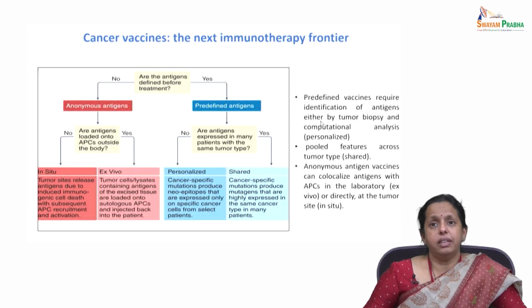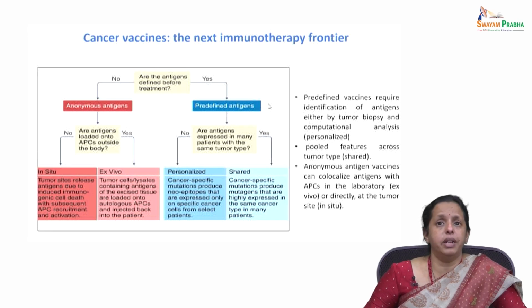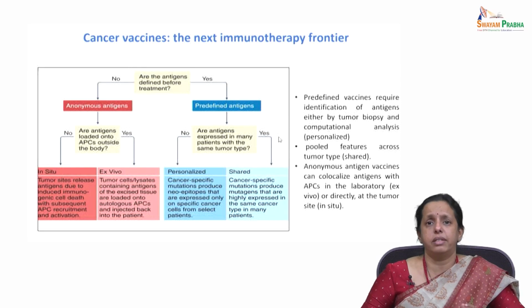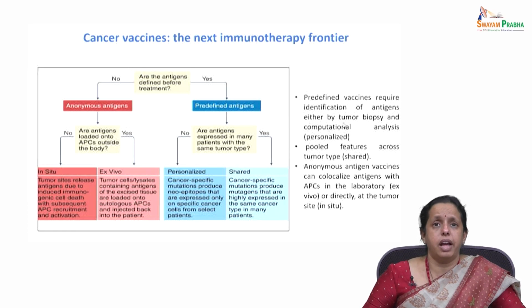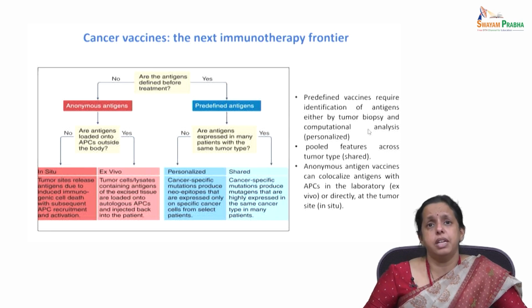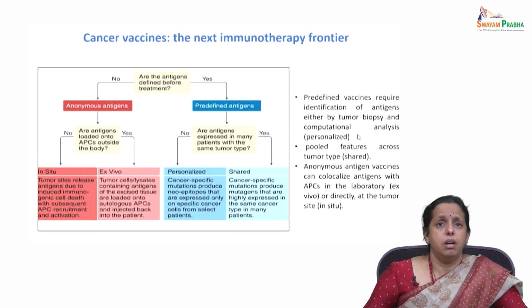First thing, vaccines can incorporate either predefined or anonymous antigens, meaning we really know exactly what this particular antigen is. Predefined vaccines require identification of antigens, either by tumor biopsy and computational analysis. Is it a personalized vaccine? Yes. So, are these antigens defined before treatment?